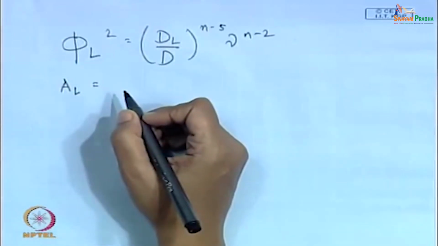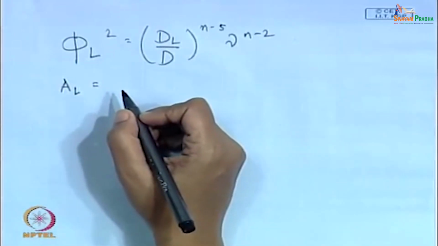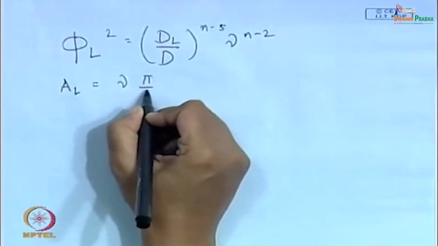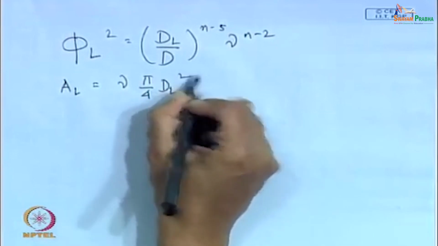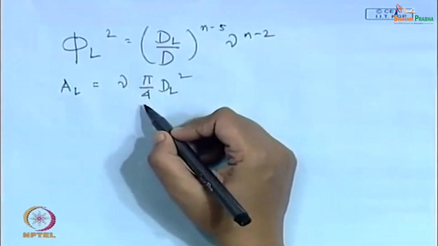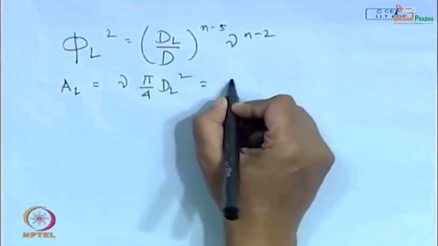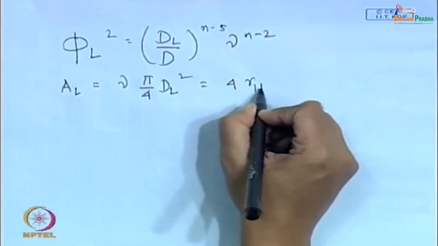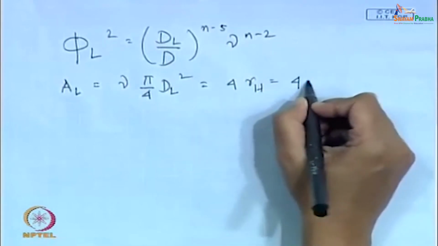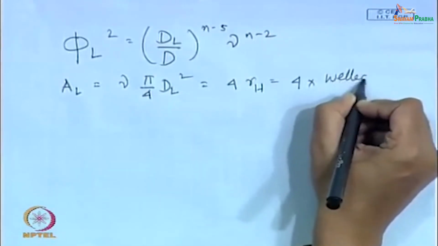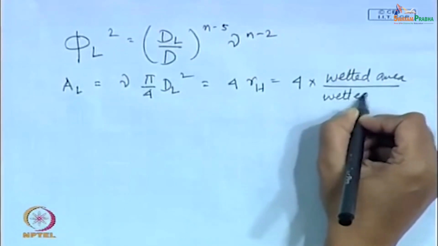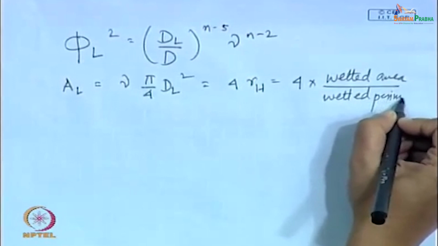The cross sectional area of the liquid occupied portion of the pipe. It is naturally gamma pi by 4 d L square. Agreed? For d L, the hydraulic diameter, it is nothing but 4 R h, where R h is the hydraulic radius, which is the wetted area divided by the wetted perimeter, is it not?